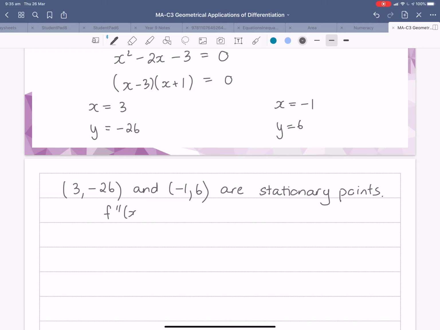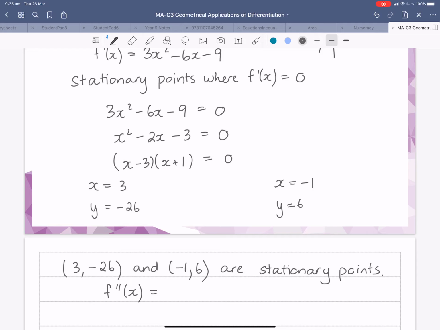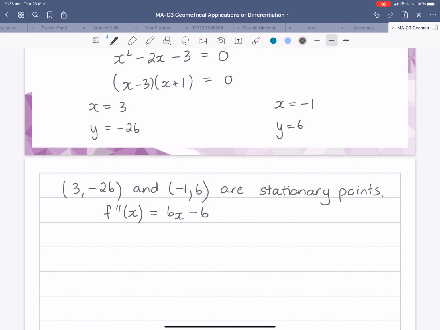So my second derivative, f double dash of x, I'm going to end up with 6x minus 6. So if I substitute 3 in there, f double dash of 3, I'll get 6 lots of 3 minus 6, which is 12, which is importantly greater than 0.